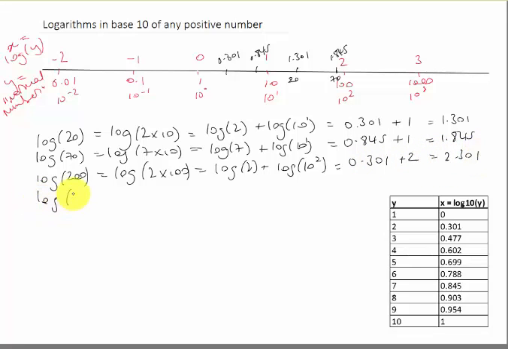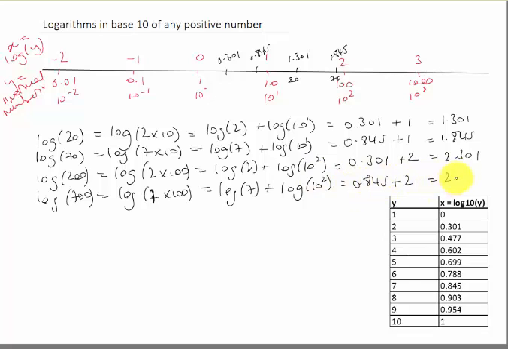And the logarithm of 700 is the logarithm of 7 times 100. So that's the log of 7 plus the log of 10 to the power 2. So that's 0.845 plus 2, so 2.845. Let's put those on. So that's 2.301 and 2.845.